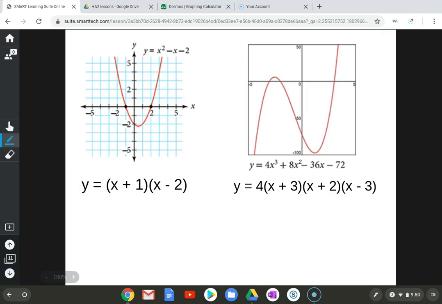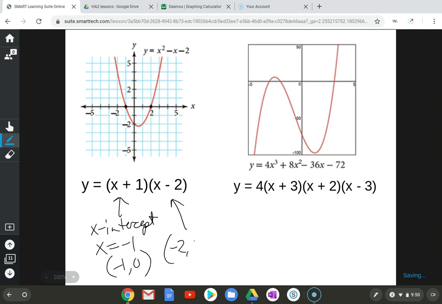All right, and this is just kind of showing you how the factors relate. So remember, if your factor is x plus 1, it means you have an x-intercept at x equals -1, or the point (-1, 0). And same thing here, this would be at the point (-2, 0). So how do your factors relate to your intercepts?